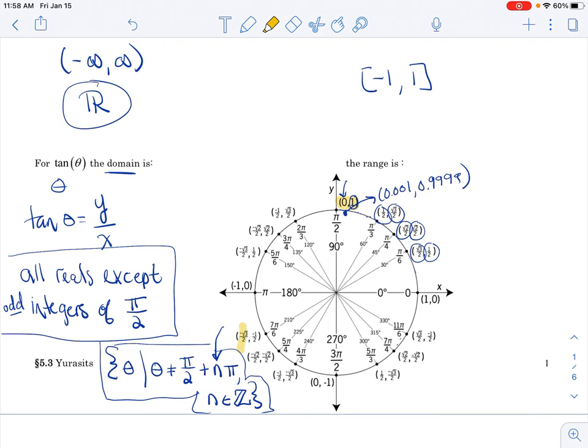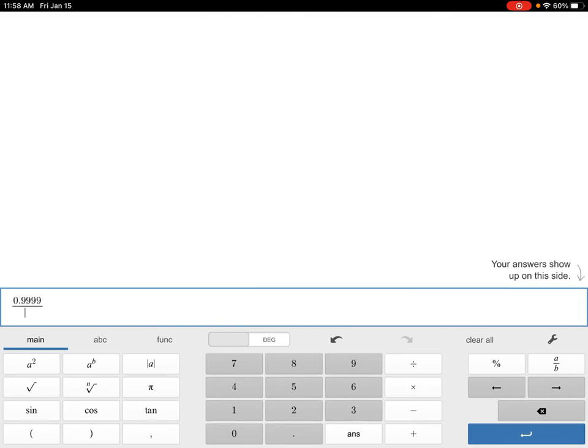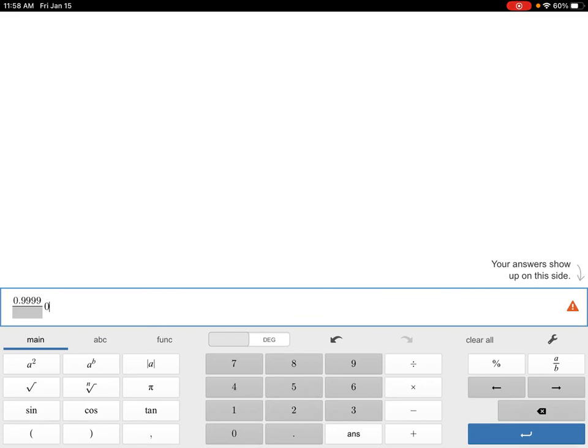If I do in my calculator the definition, which is y over x, so I'm going to do 0.99, actually I'm going to bring up Desmos. 0.9999, I don't remember what I said, divided by 0.001.